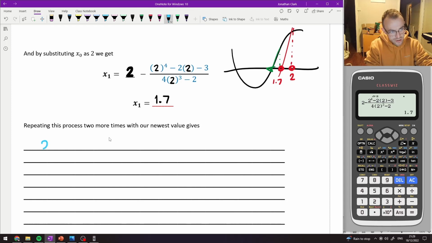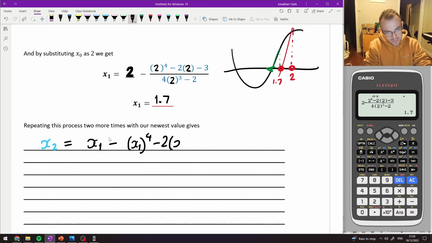So x subscript 2 is going to be x subscript 1 take away basically the same thing again, except I'm going to plug 1.7 in place of all of the 2's in the original equation.